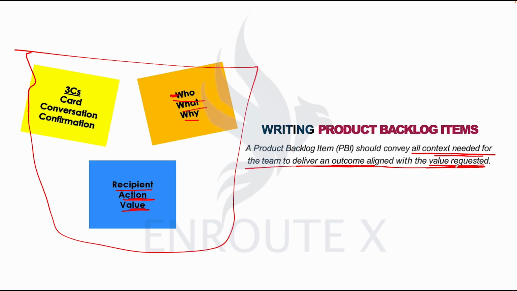So the PBI, product backlog item, should carry all the information needed by the development team to deliver exactly what the stakeholders want.